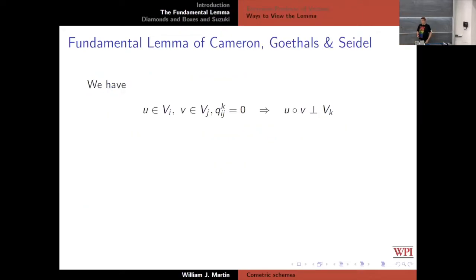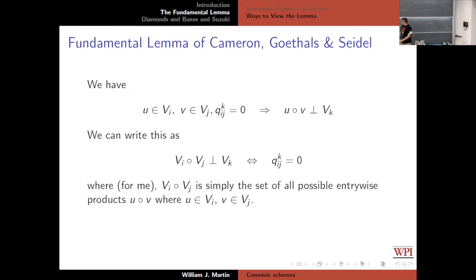One way to see this, so this shows up in so many different forms. I'm going to write down different versions of this simple fact. If u is in the ith eigenspace and v is in the jth eigenspace, and the Q parameter is 0, then the entry-wise product is orthogonal to the kth eigenspace. You can also take all possible entry-wise products of things in the ith eigenspace and things in the jth eigenspace.